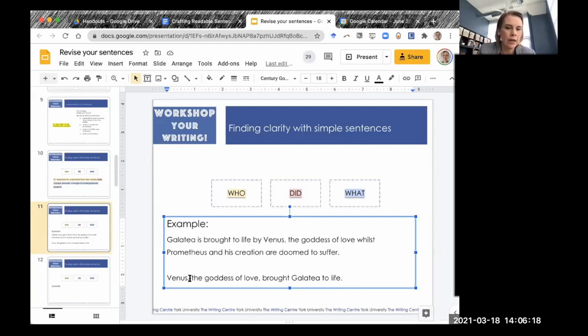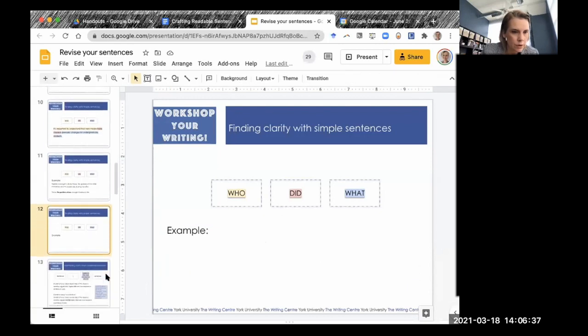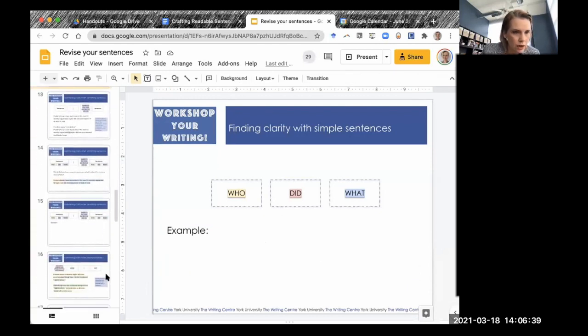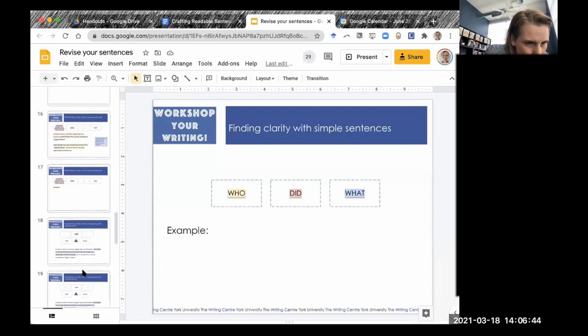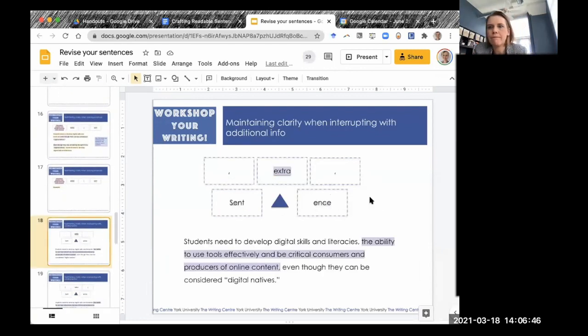I'm going to skip ahead in the slideshow and focus a little bit on this right here. This is called, right, Fatima, exactly. The goddess of love here is called an insertion phrase. In some cases, it's called an appositive. I'm going to skip down to where I teach that. Thanks, James.